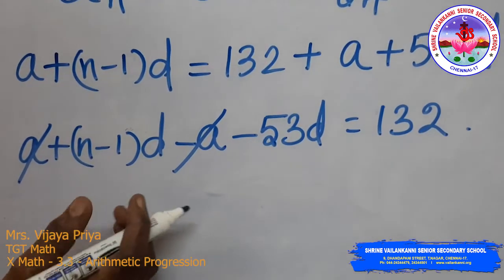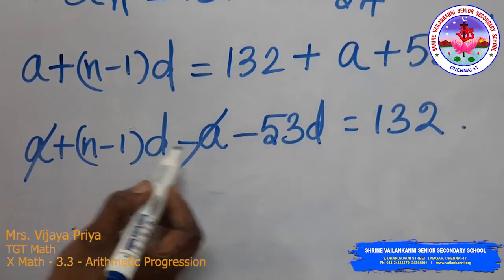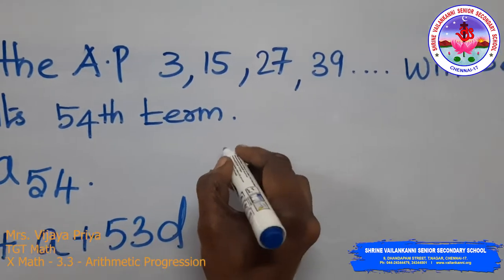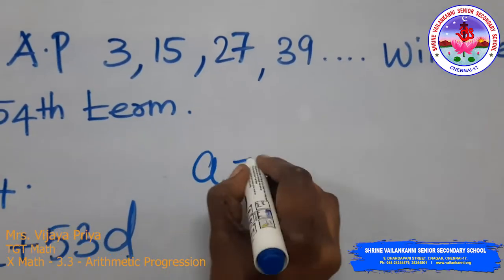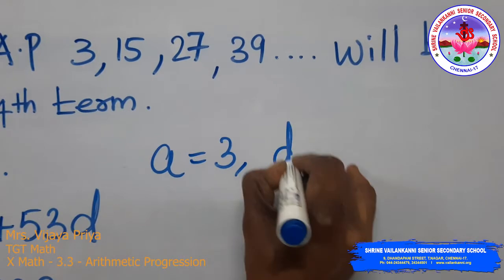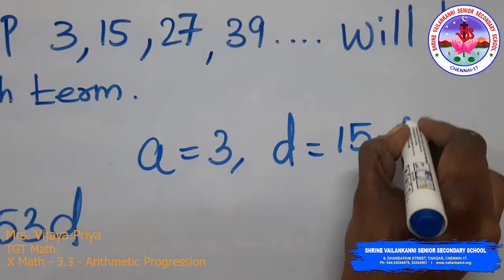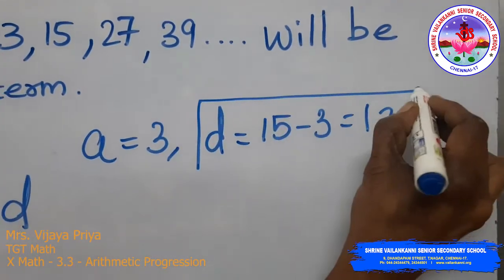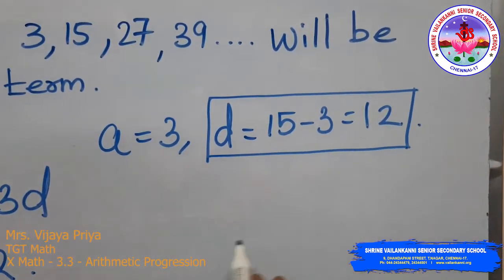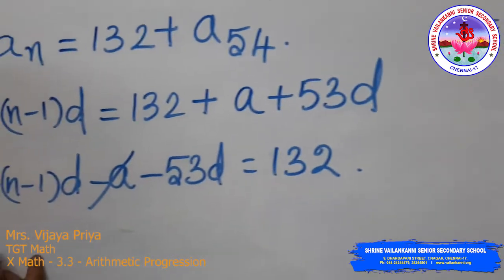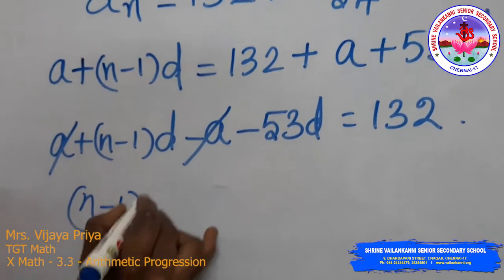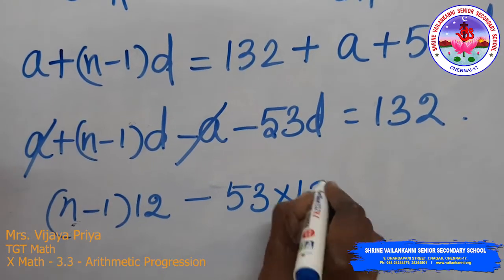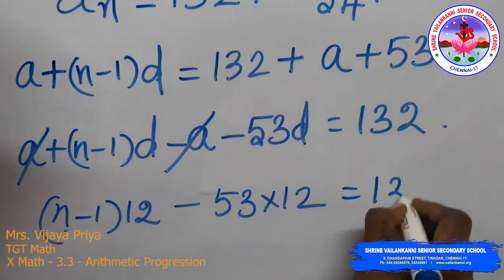From the sequence, I got a value as 3 and d value as 15 minus 3, which is equal to 12. So I am going to substitute the d value 12 in the equation: n minus 1 into 12 minus 53 into 12, which is equal to 132.